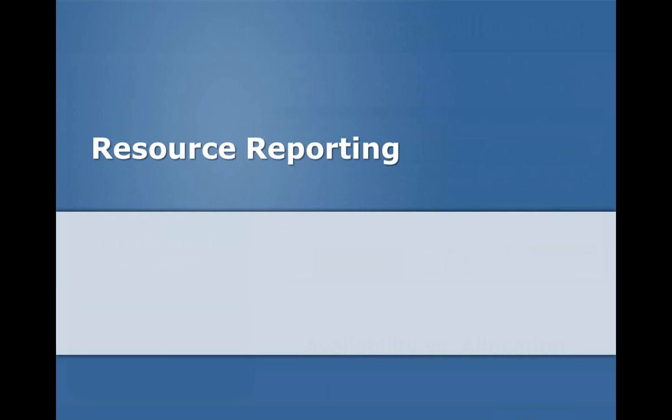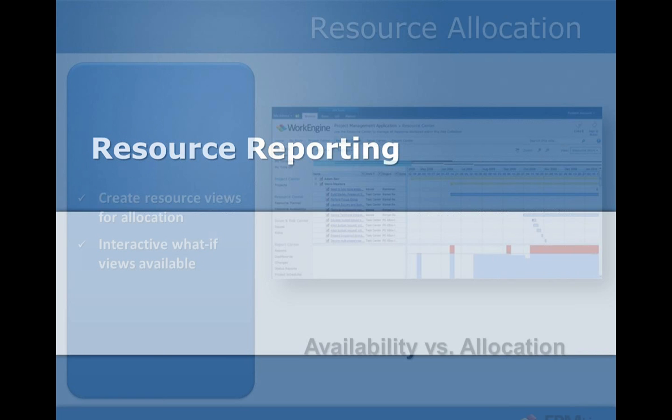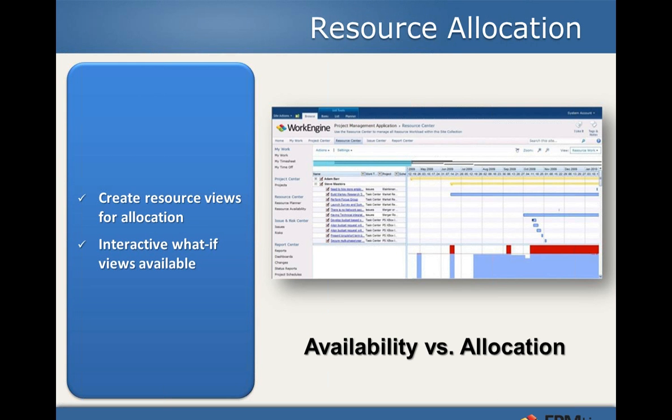So, for example, if we start allocating work and effort and items to people within an organization by using the tools in EPM Live, in this case I'm showing Work Engine, we can look at all of that workload across all projects and all types of work in the aggregate and see in that histogram where I am over or under allocated based upon my availability or capacity.